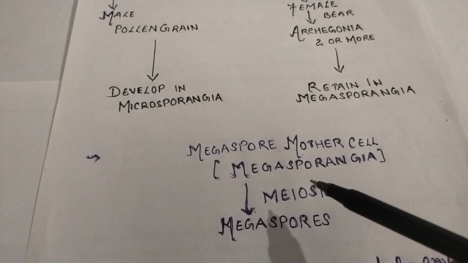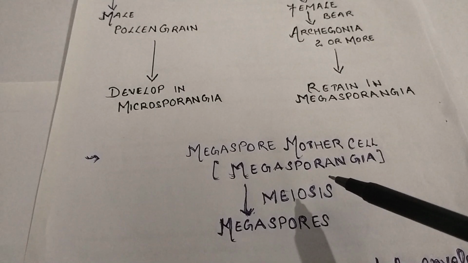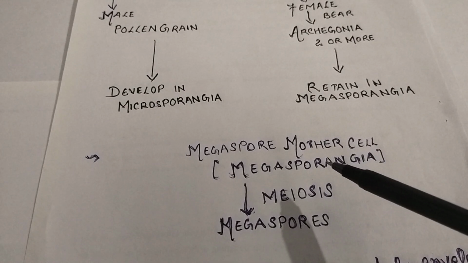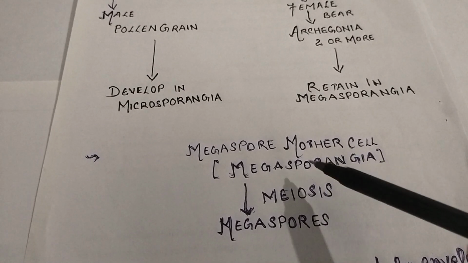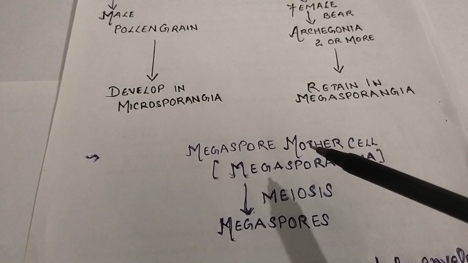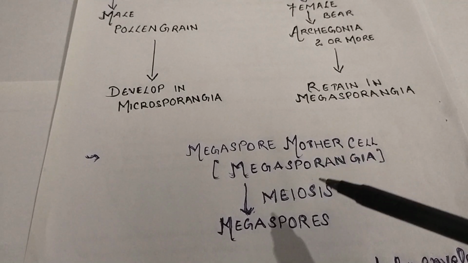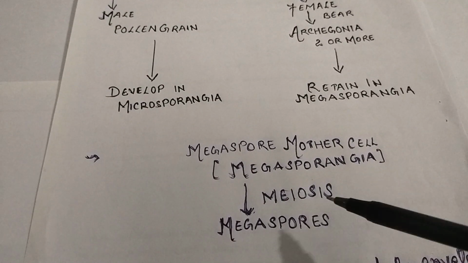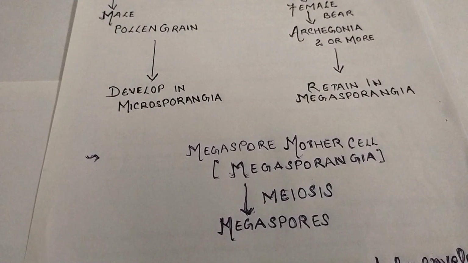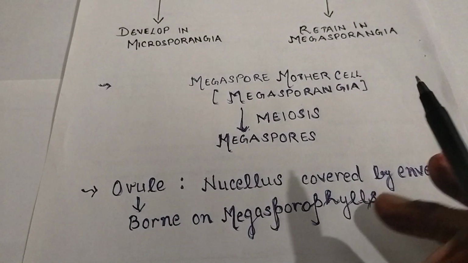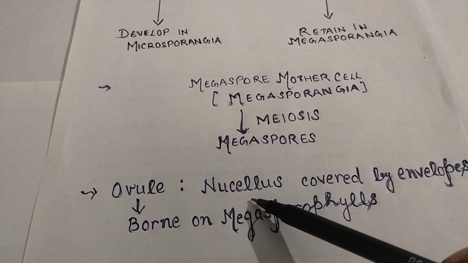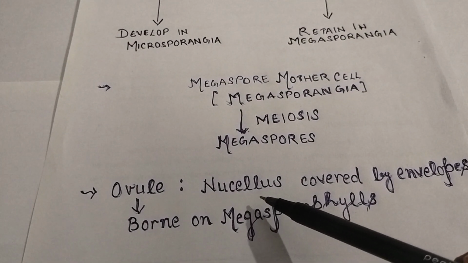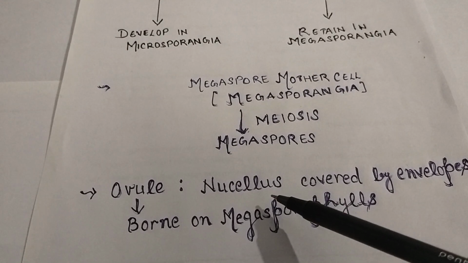And see what happens in the megasporangia. Some cells are differentiated to form the megaspore mother cell. This megaspore mother cell is differentiated from one of the cells of the nucellus. Nucellus is the specific structure present in gymnosperms from which the megaspore mother cell is differentiated.